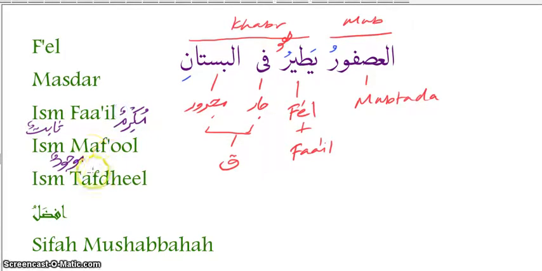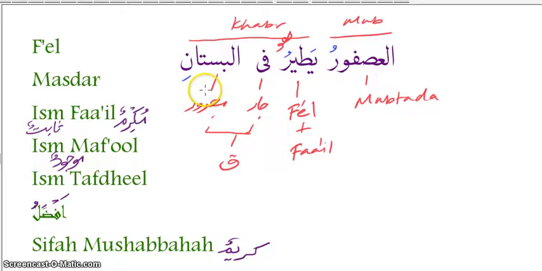They're all ism fa'ils. Ism tafdeel, like the word afdalu, when you're comparing one thing to another. And sifa mushabbaha, like the word kareemun. So jar majroor, in their very nature, have to be linked onto something. Always, they will always be linked onto something.